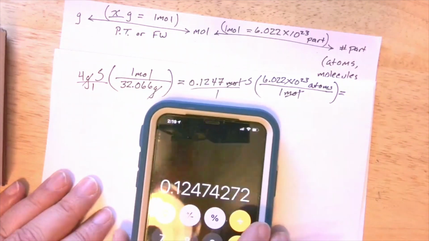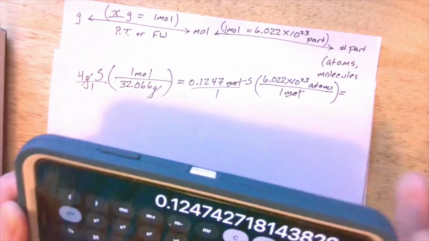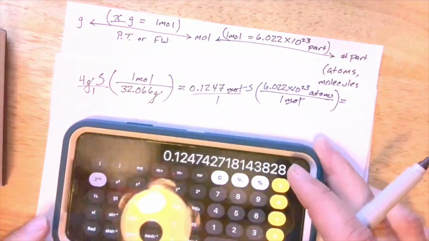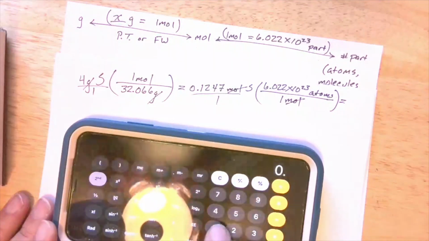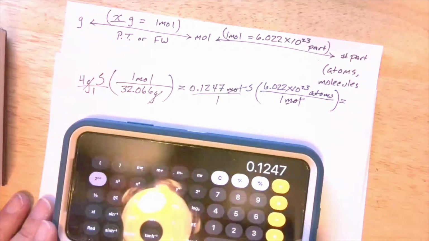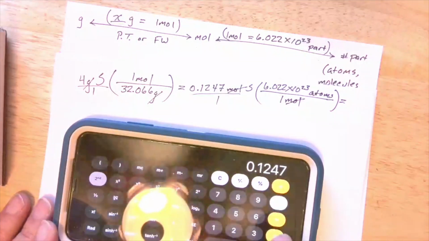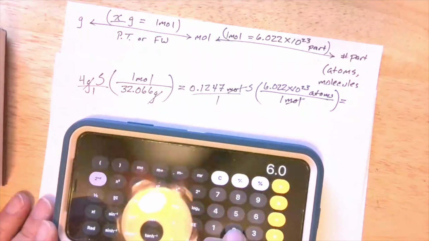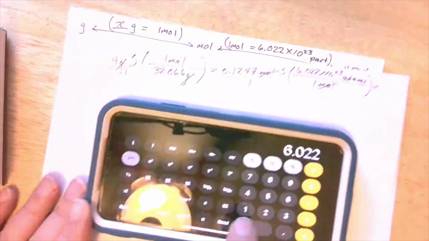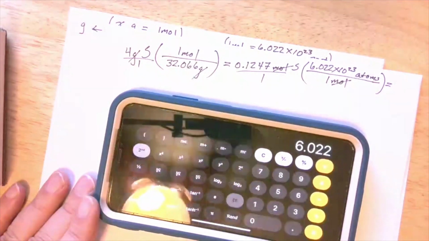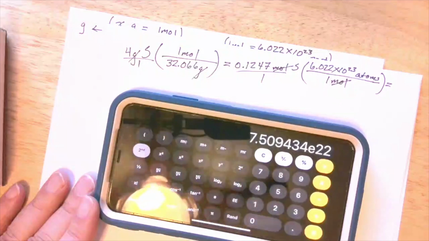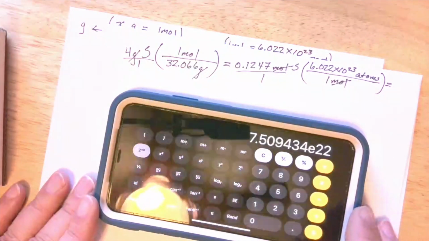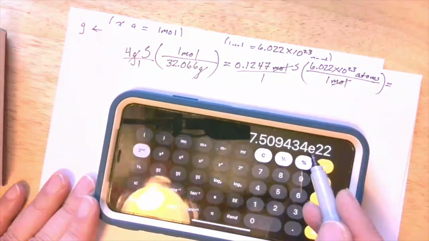So I'm going to go ahead and clear it out here. So I'm going to put 0.1247 times 6.022. Hit the EE or EXP. EE 23. So they end up being 7.509. Don't forget this part right here.